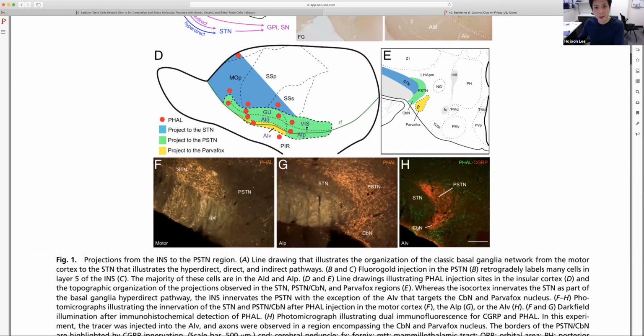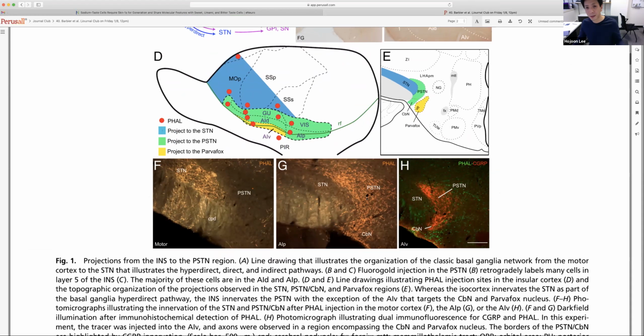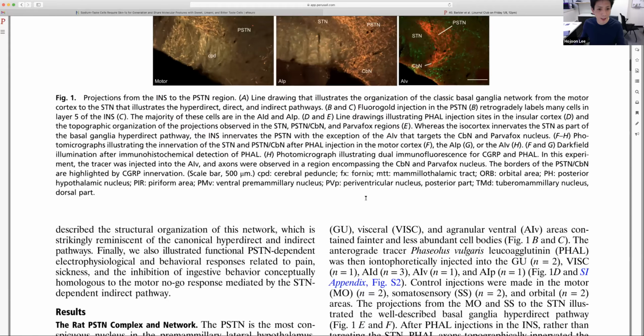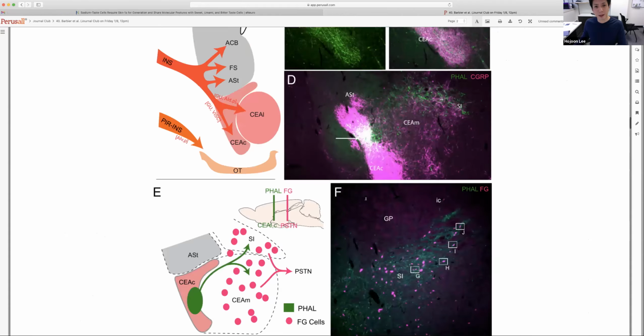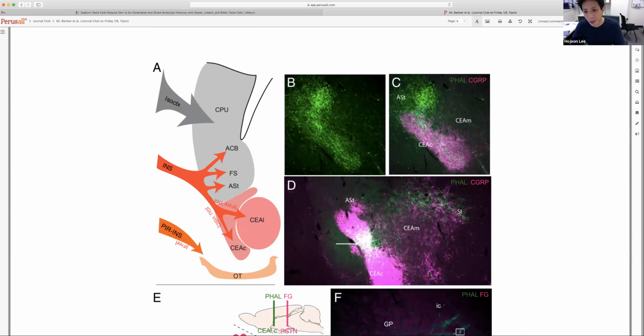And when you inject anterograde tracers in the insula, then you see staining directly in the PSTN. So that would be a direct connection, but then they also see a circuit that goes through the central amygdala and other parts of the basal ganglia.